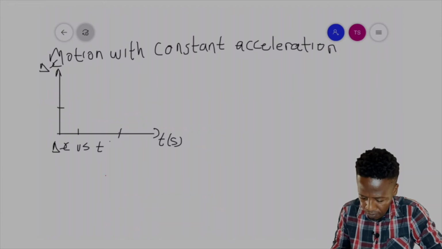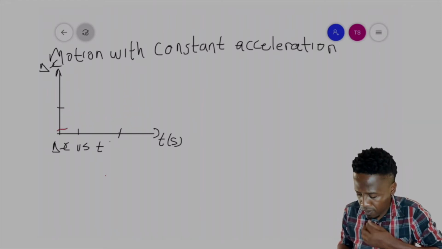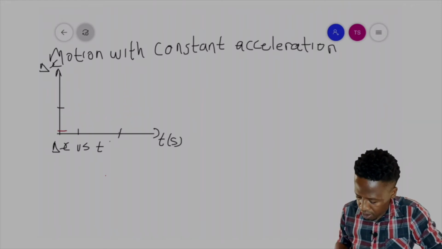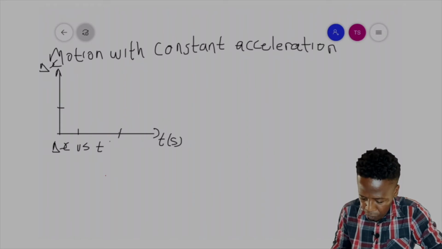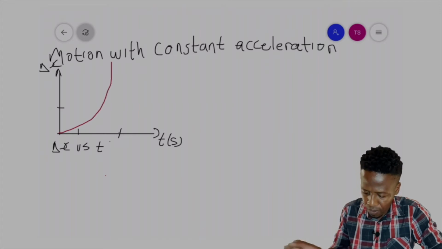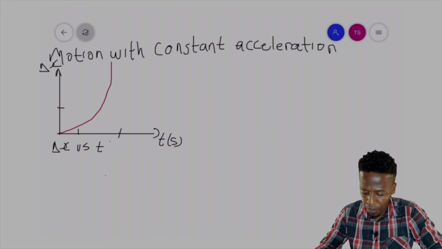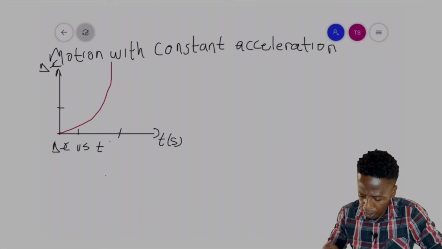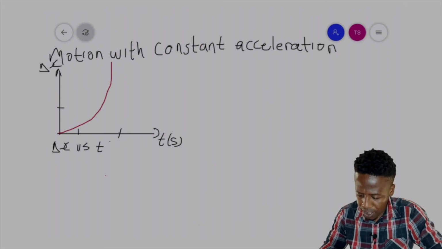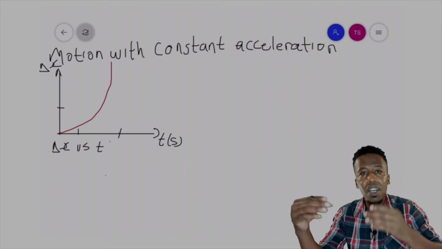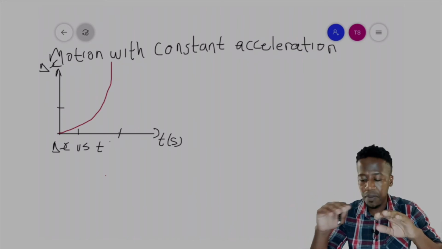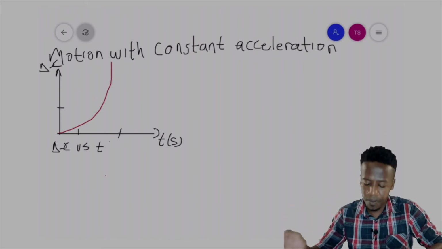I'm trying to start from 0, but my writing actually isn't up to scratch. Now this would be our displacement versus time graph, right? As you can see, it takes less time to cover a certain distance, and then it goes up, it goes up, it goes up, and you still cover a certain distance when you accelerate, but remember the acceleration is constant, right?